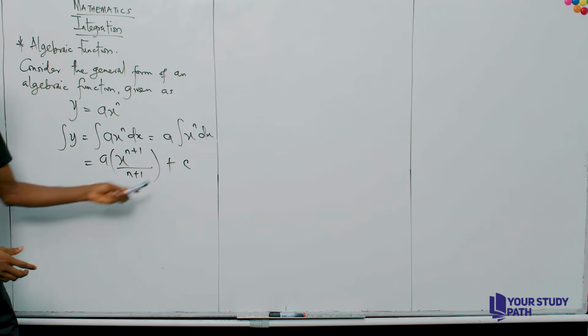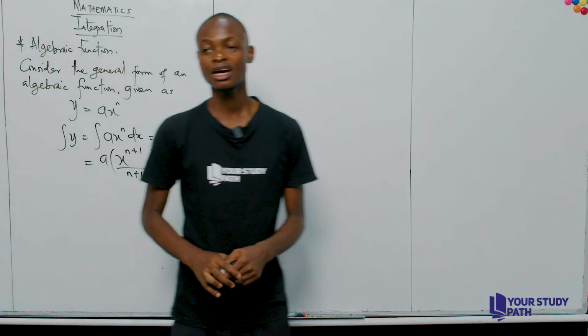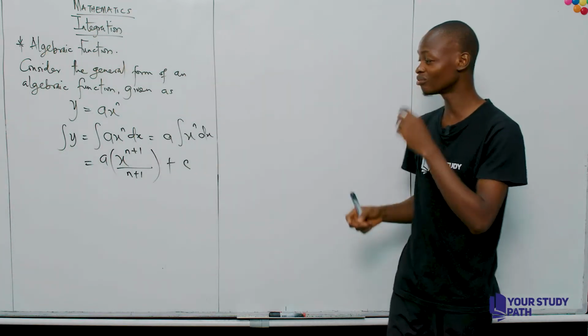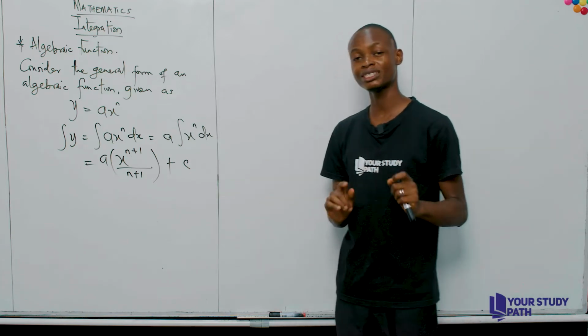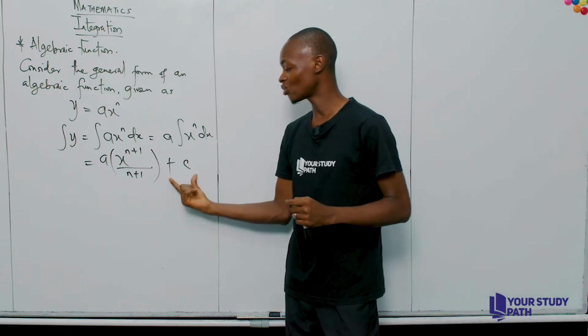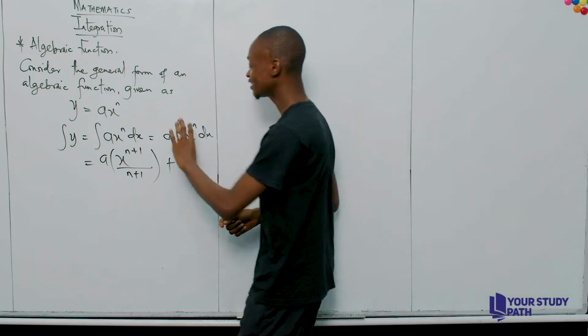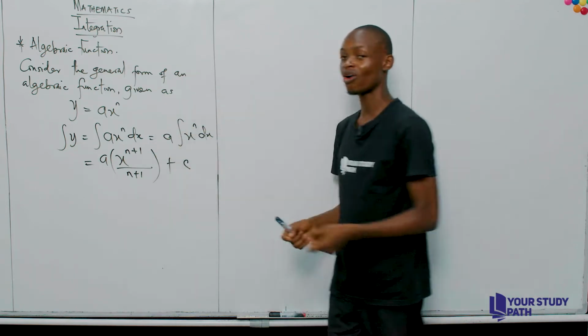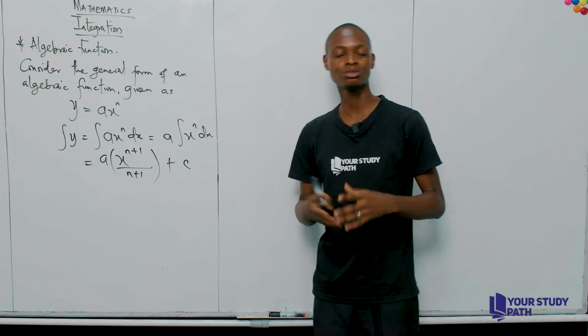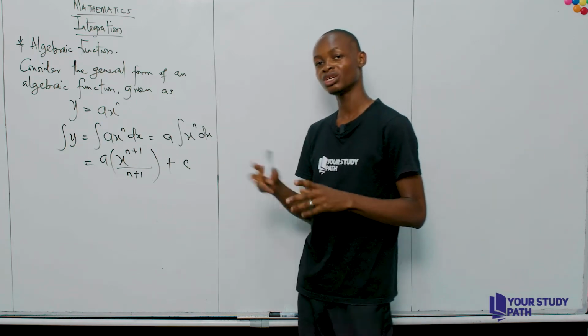Now, this is a very, very important concept as far as integration is concerned. We must always, without exception, add the constant value whenever we complete an integration process, provided it is an indefinite integral. We are going to be looking at what that concept means shortly.